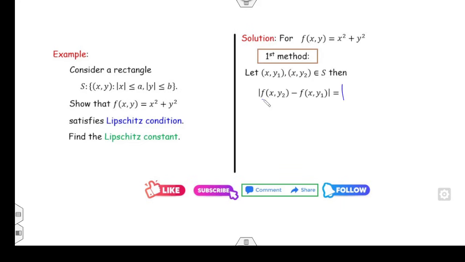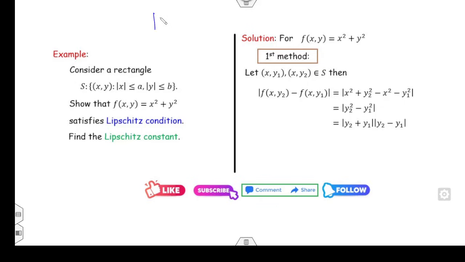Okay, first method: we can take any two points, x comma y1 and x comma y2, from the rectangle. So let's substitute the values. What is the value of f of x comma y2? x square plus y2 square minus x square minus y1 square. x square and x square cancel. I can write this as a plus b times a minus b, that is y2 minus y1 times y2 plus y1.